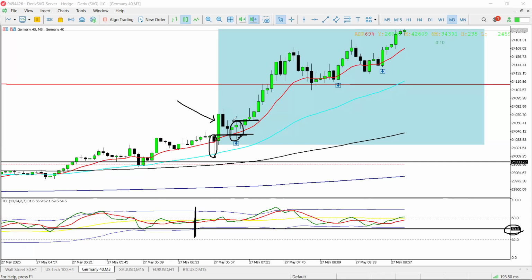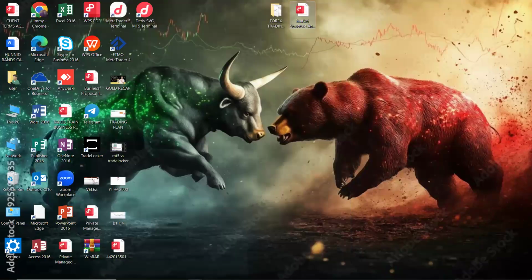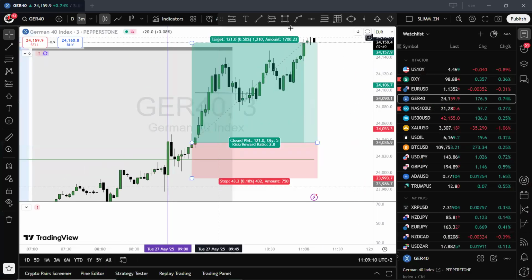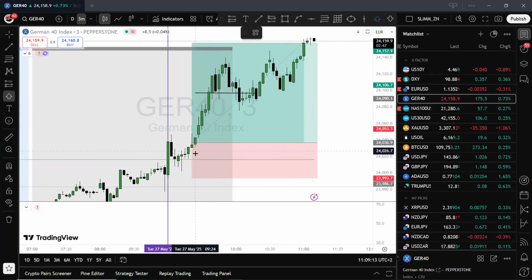You can enter anywhere in here. You can enter at the break of this level. That's still perfect. Another point of entry would have been this one. Another point of entry would have been this one. But our entry was perfect. And that's what led us to the setup which you see on our TradingView. There we go.